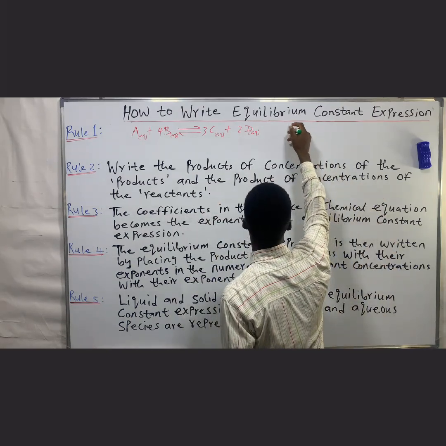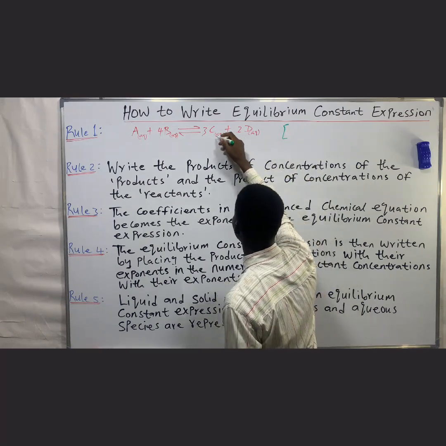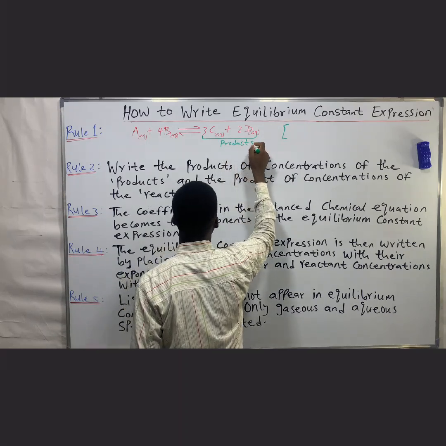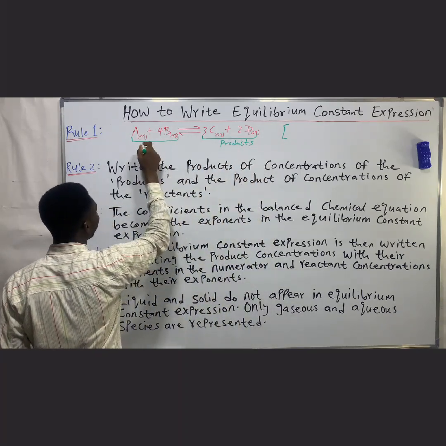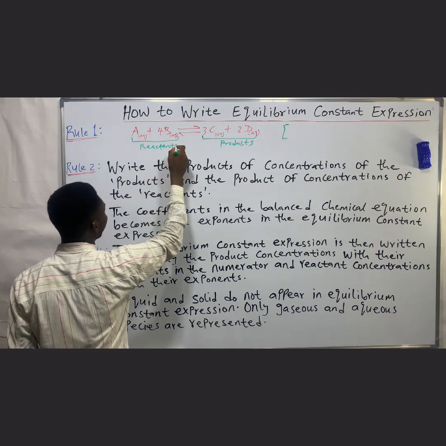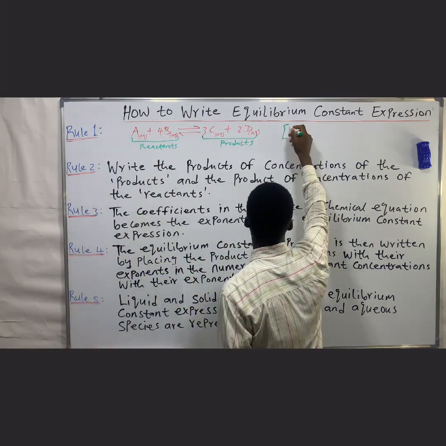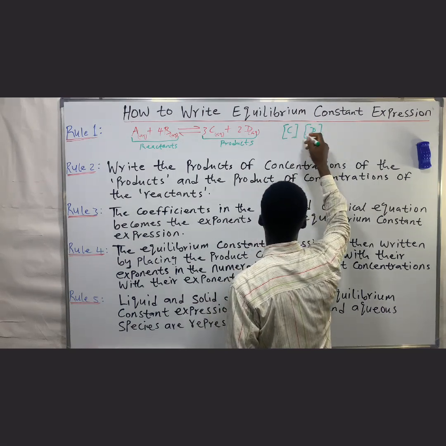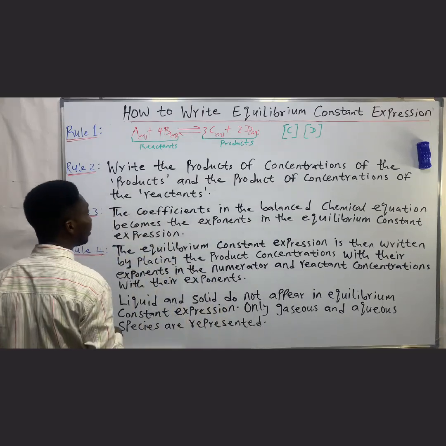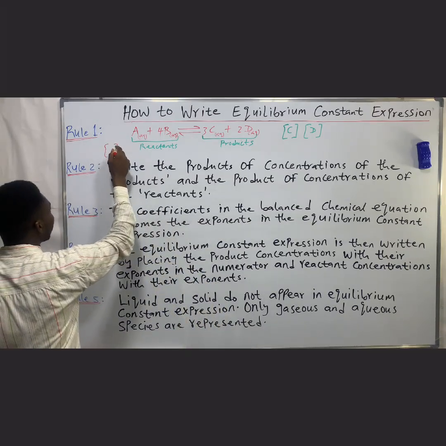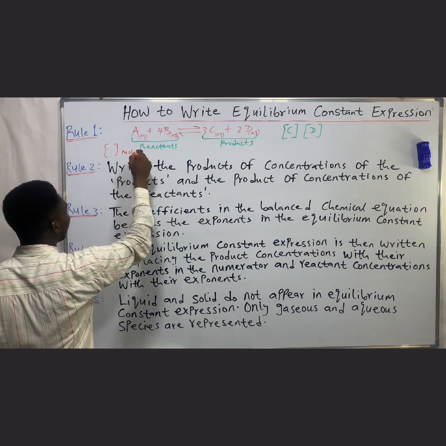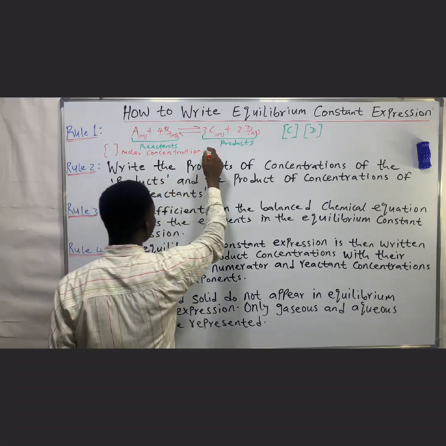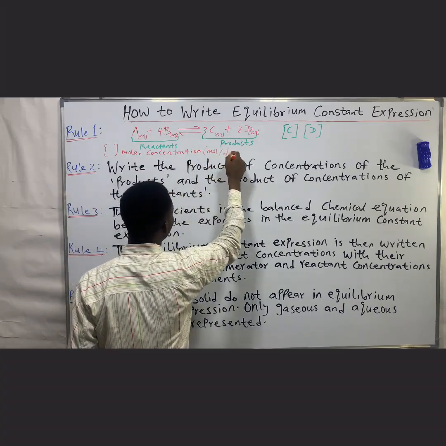What that means is, I'm going to do something like this. These are the products, and these are the reactants. For the products, I will simply say concentration of C, concentration of D. In case you don't know what this means in chemistry, this represents molar concentration, that is concentration in mole per dm cubed.